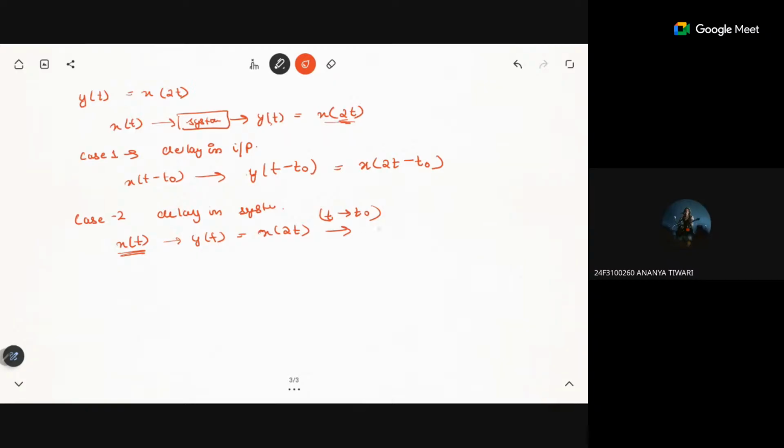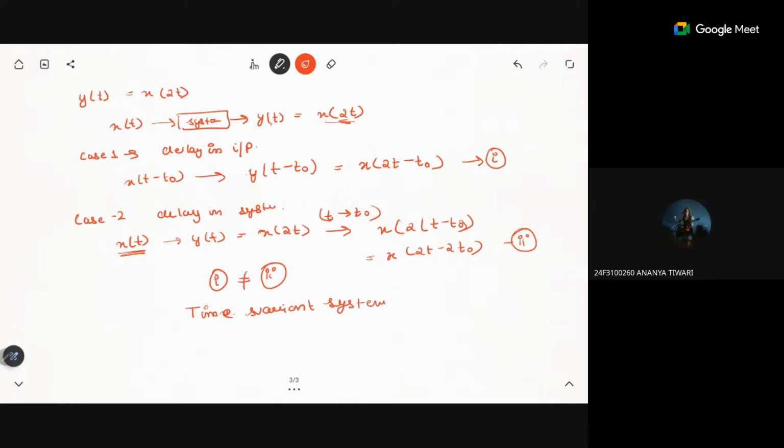Now my output will be x of 2 times t minus t naught, so it becomes x of 2t minus 2t naught. So look very carefully. This is 1 and this is 2. So both are not equal. Okay, that means this is a time variant system.